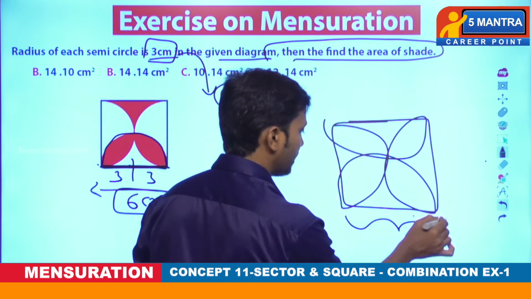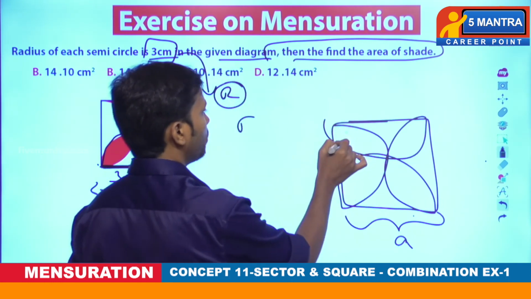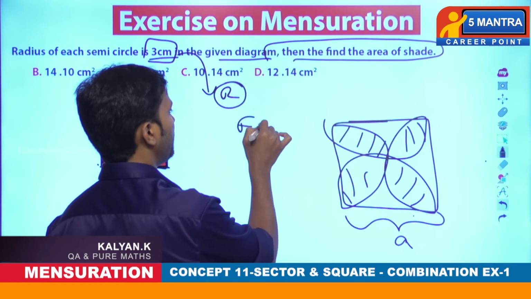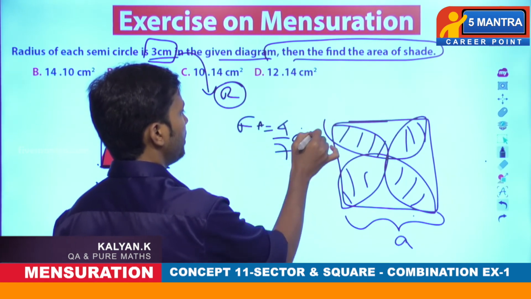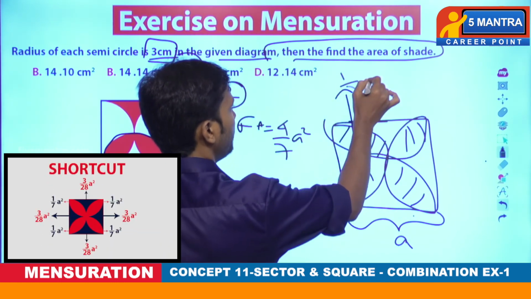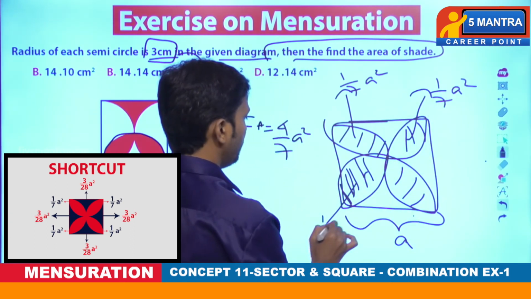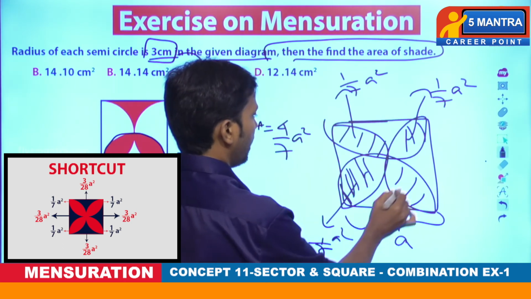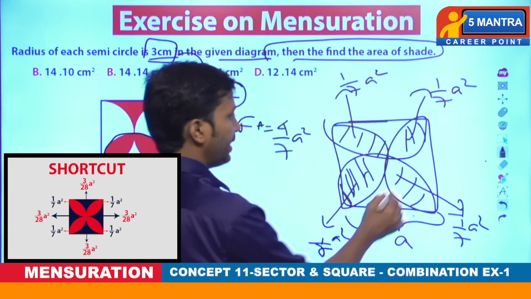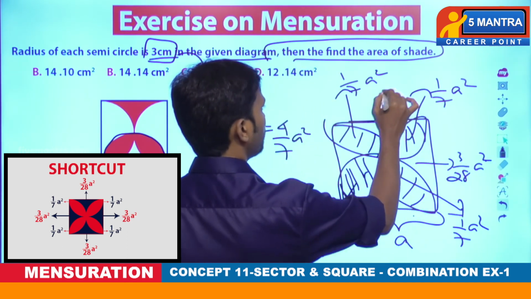If the side of the square is A, then the total flower shape area would be 4 by 7 A square, which is equally divided into 4 flower petals, that is 1 by 7 A square each. And each gap is carrying 3 by 28 A square.